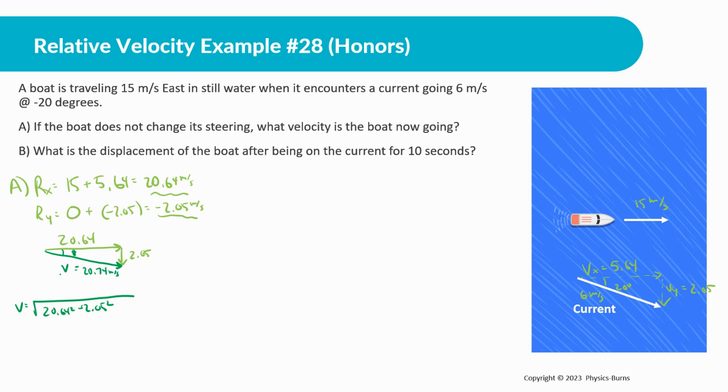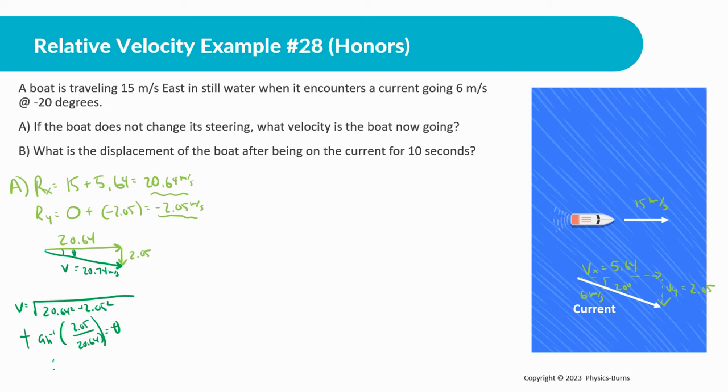And now let's find this angle here. I'm going to do inverse tan of opposite, which is 2.05, divided by adjacent, which is 20.64. This will give me the angle.